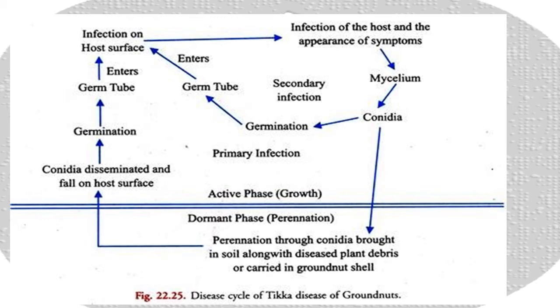Now, conidia disseminated and fall on the host surface. Germination, germ tube enters, infection on the host surface. These are the dominant phase. This is the tree diagram of the disease cycle of Tikka disease of groundnut.